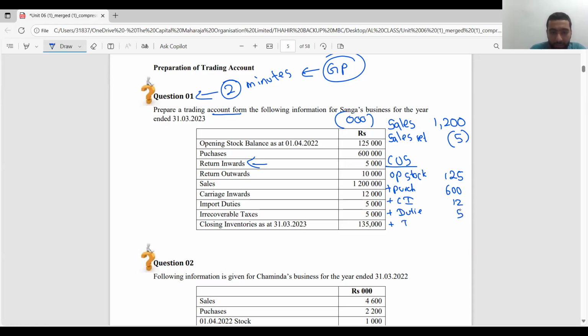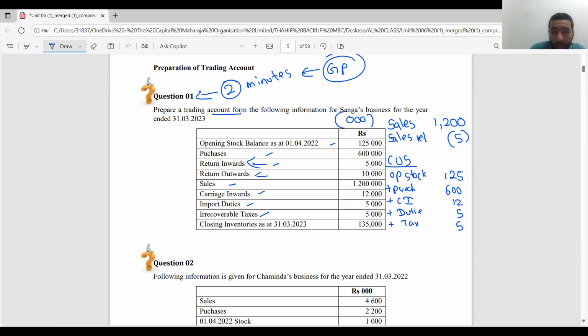Irrecoverable taxes, that is also an expense, right? So this is also done. Return inwards is also done. Carriage is also done. Import duty, irrecoverable taxes.